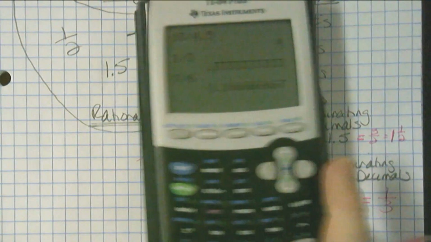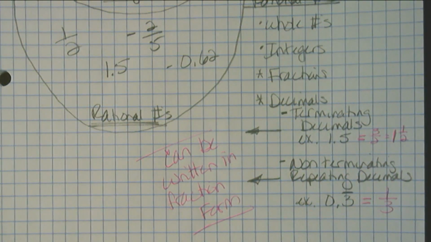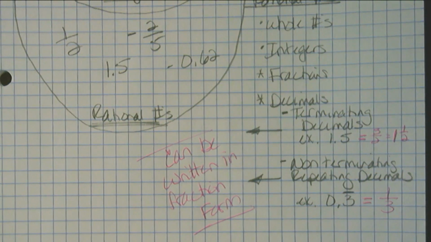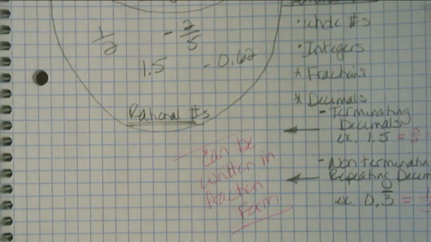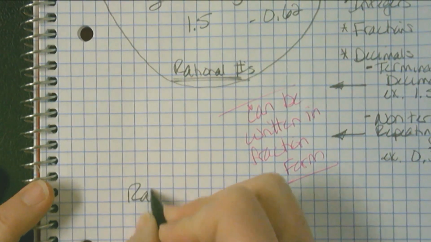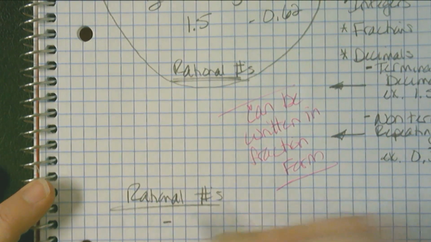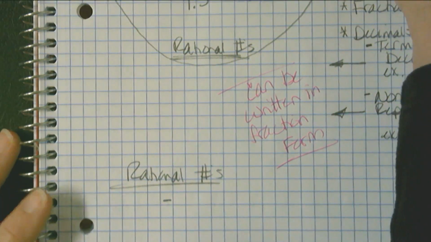So non-terminating repeating decimals can all be written as a fraction. All right, so if I was to put a definition to rational numbers, this is the definition I would write. Rational numbers: any number that can be written as a fraction.